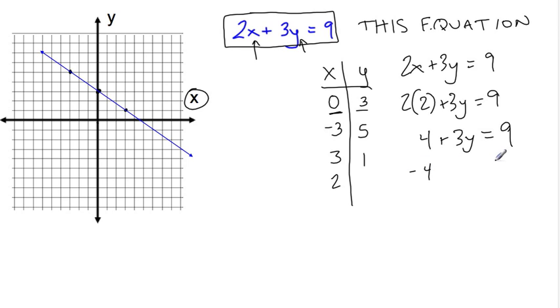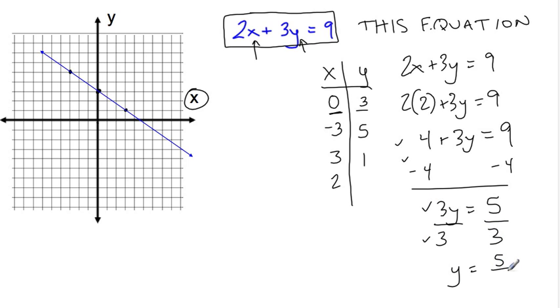Subtract 4. Nine minus 4 is 5. Let's see, divide by 3. Y equals 5/3. Well, 5/3. Isn't that a little tricky? Well, let's see what we got.